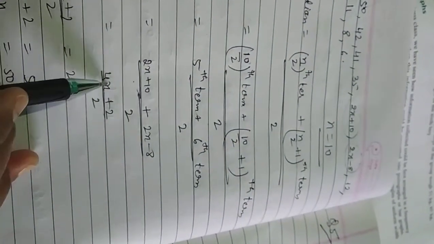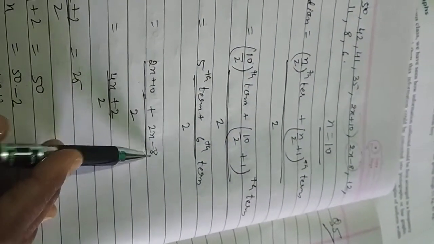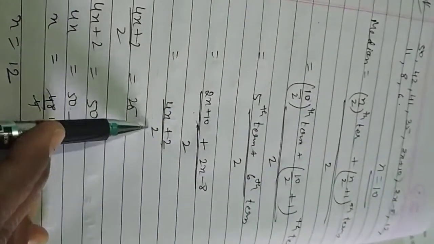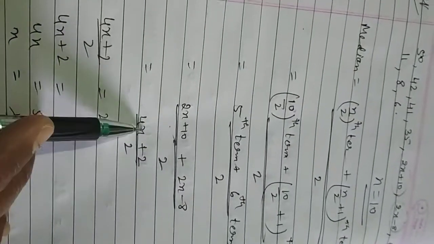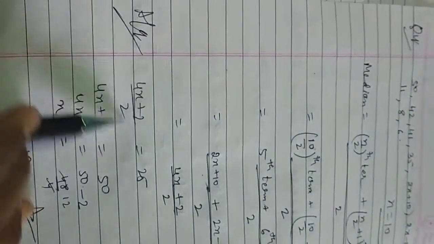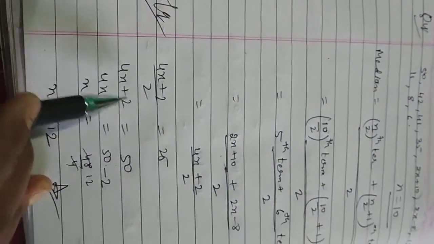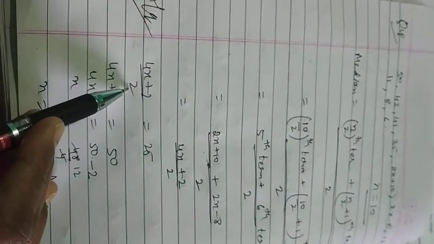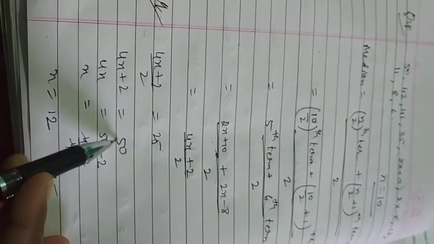So 2x plus 2x is 4x, plus 10 minus 8 is 2. So 4x plus 2 by 2 is the median. But according to the question, the median is already given, that is 25. So can we equate it? This is the median and this is also the median. Now we will get the value of x. This 2 is in division, it will go to this side and come in multiplication.